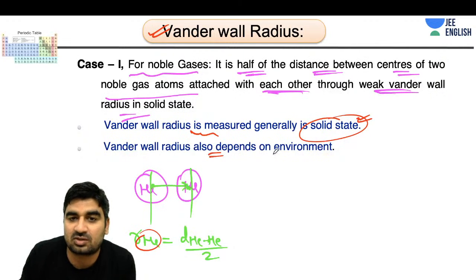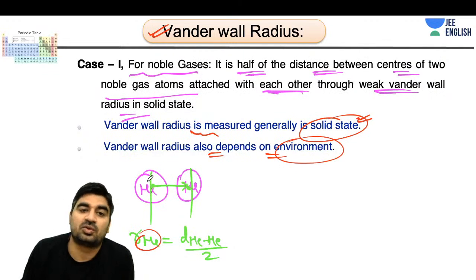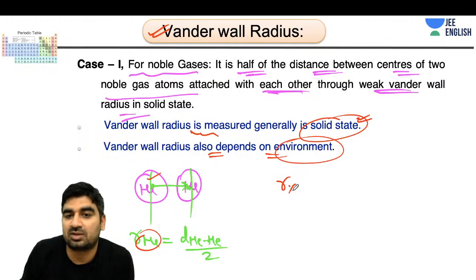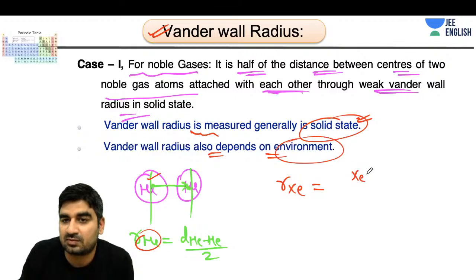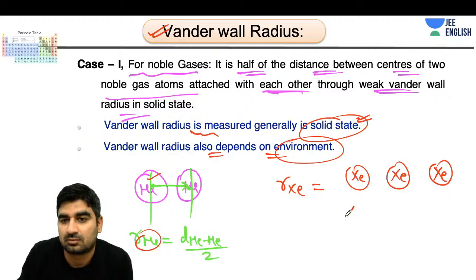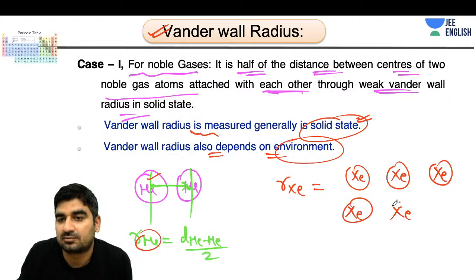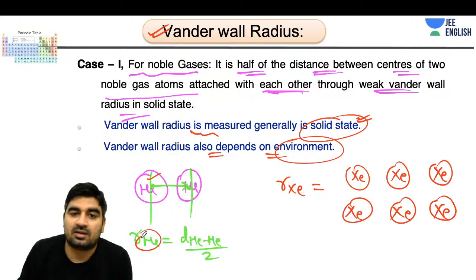Van der Waals radius also depends upon the environment. Like if I talk about the radius of xenon. Suppose we have xenon atoms, and from this data we can measure the radius of xenon.